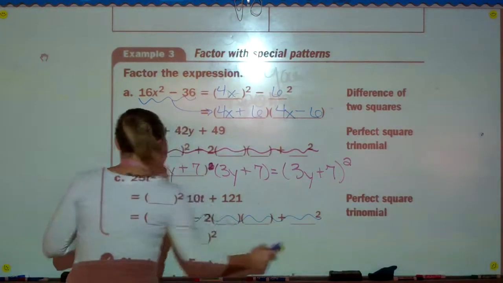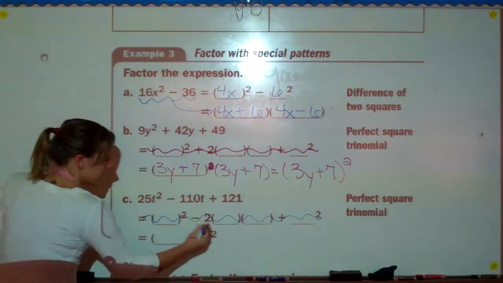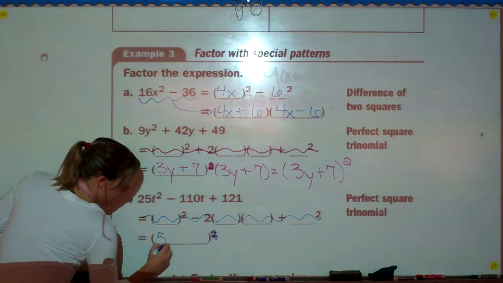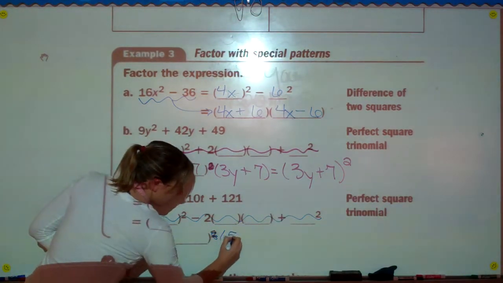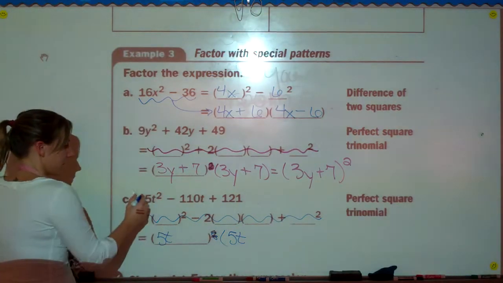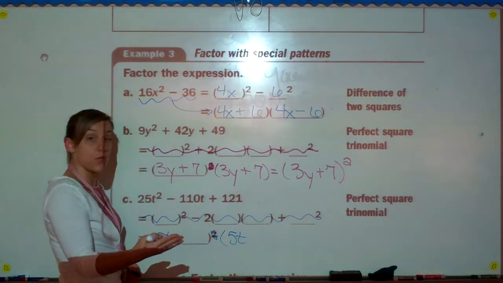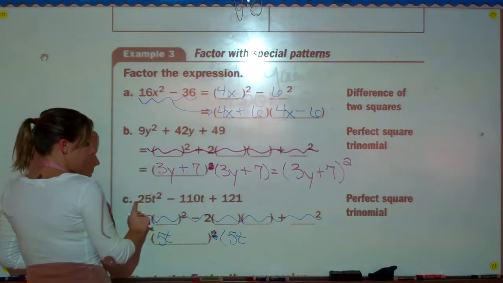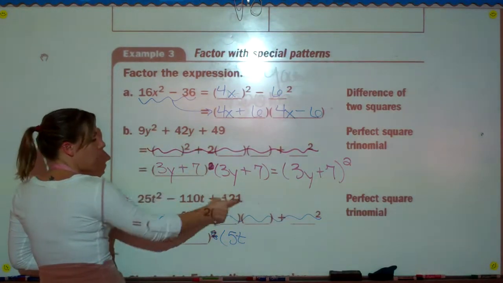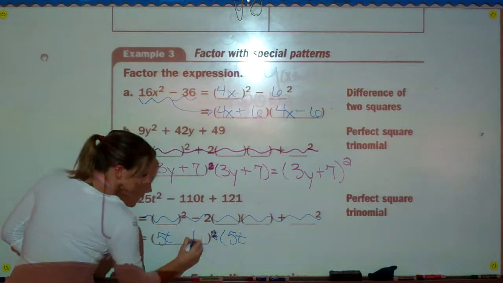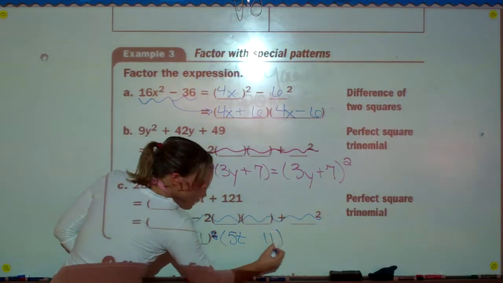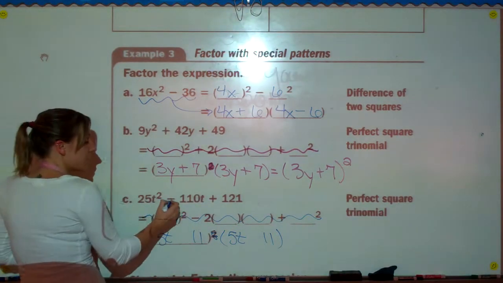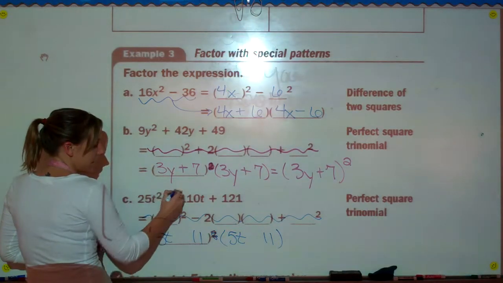What times what gives us 25t squared? Well, that's 5t and 5t. What times what gives me 121? If you notice, all of these are perfect squares. The beginning and the end are all perfect squares. So that's 11 times 11. But in this case, we notice that the middle has a different sign.